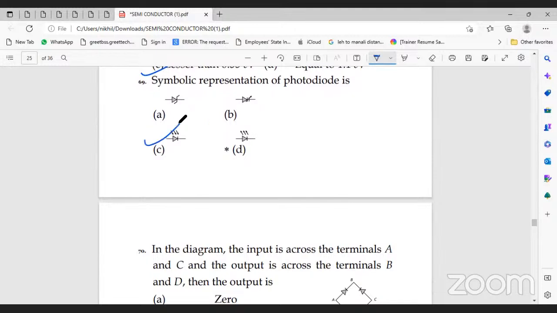This is the photodiode which works in the reverse bias. We have to make the light energy incident. So when the radiation is incident on the diode, the charge carriers are created by absorbing the energy. So this is the symbolic representation of the photodiode.